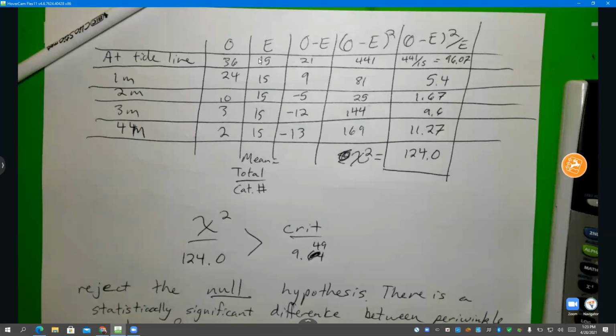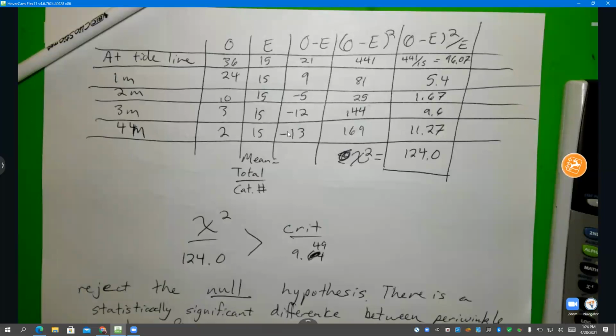So in this case, it was 75 total observed over the 5 locations. So 75 divided by 5 is 15, which is what we used for our expected values. Then we subtract our observed minus our expected. We get 21, 9, negative 5, negative 12, negative 13.